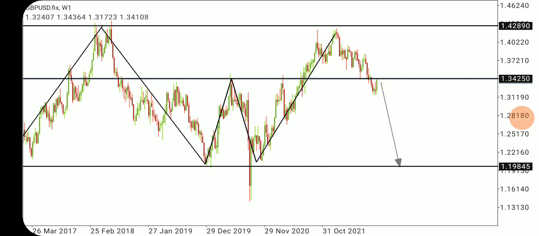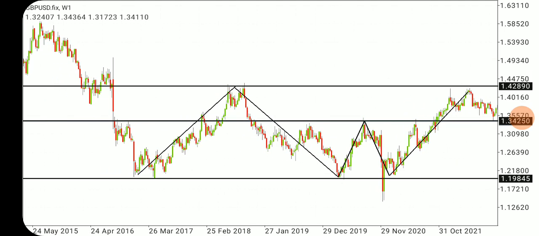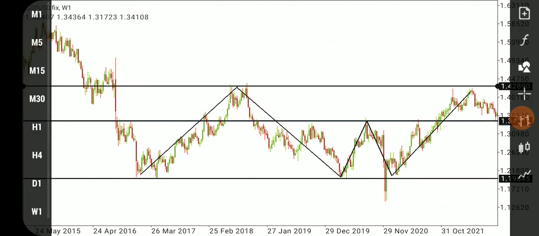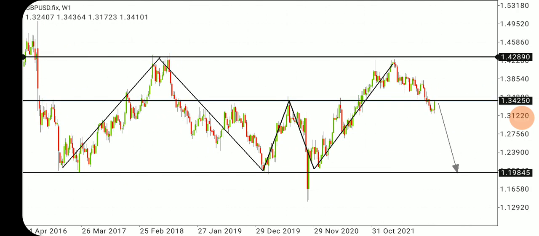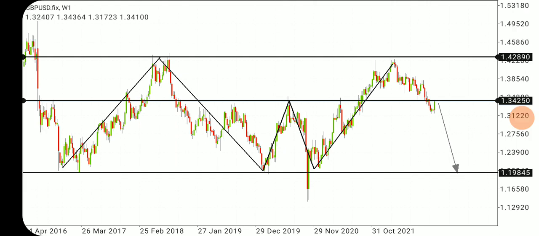Why? Number one, we are in a range movement. It went all the way up and found resistance right at 1.42890, and then it went down. It broke the support.